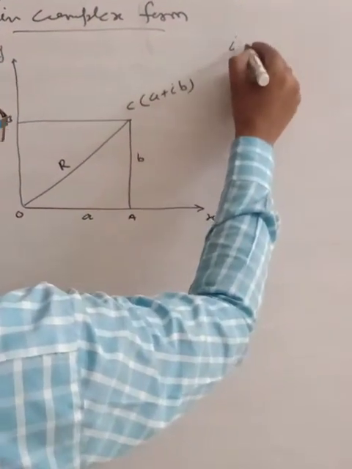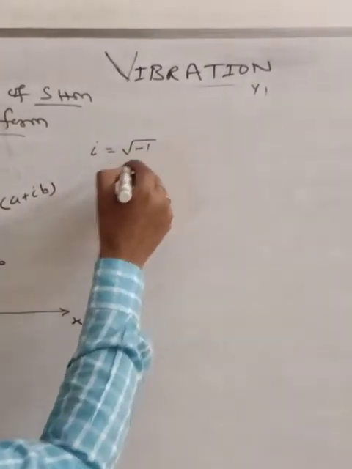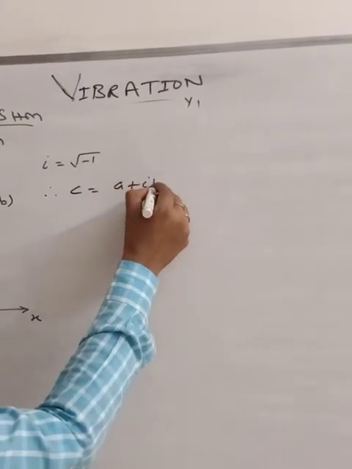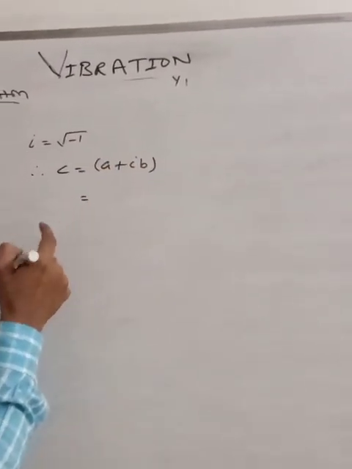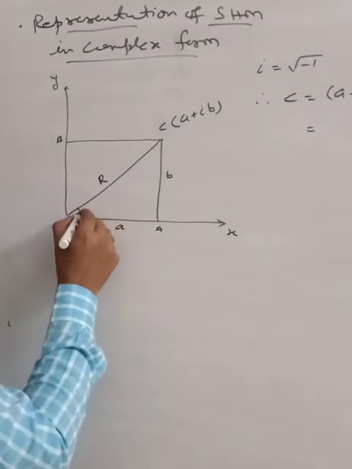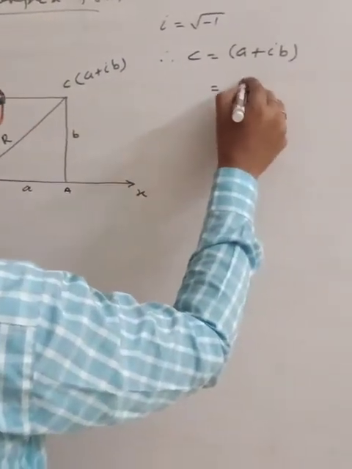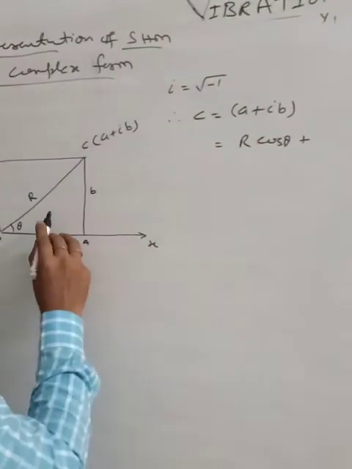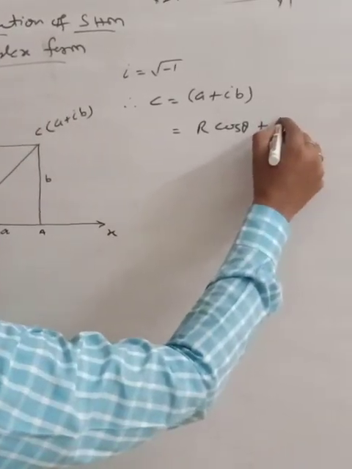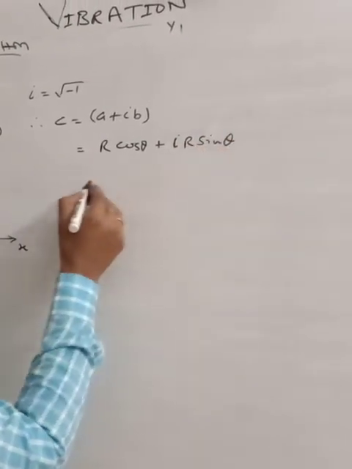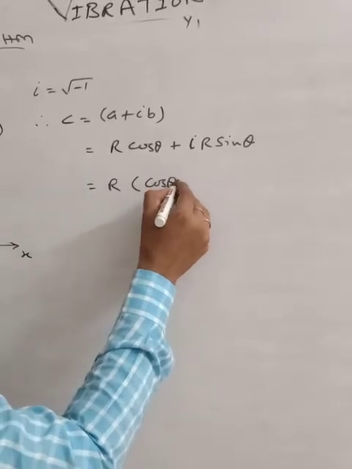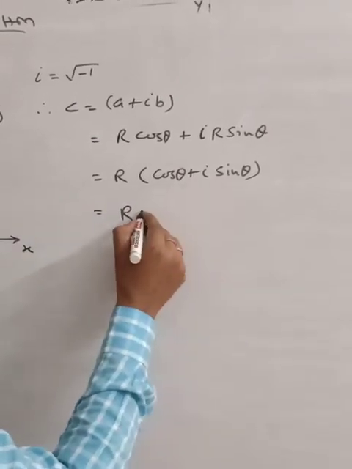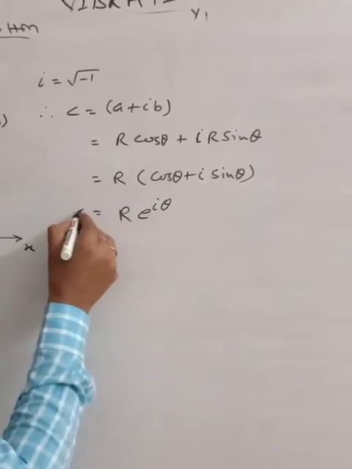In this, iota is equal to the square root of minus 1. C is equal to A plus iota B, but this A is equal to R cos theta. If this angle is theta, then this is R cos theta plus iota R sin theta, or R(cos theta plus iota sin theta), and this is given as e to the power iota theta.